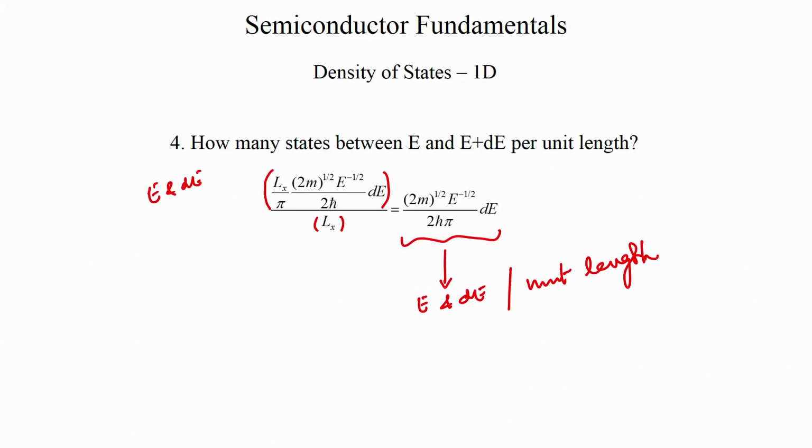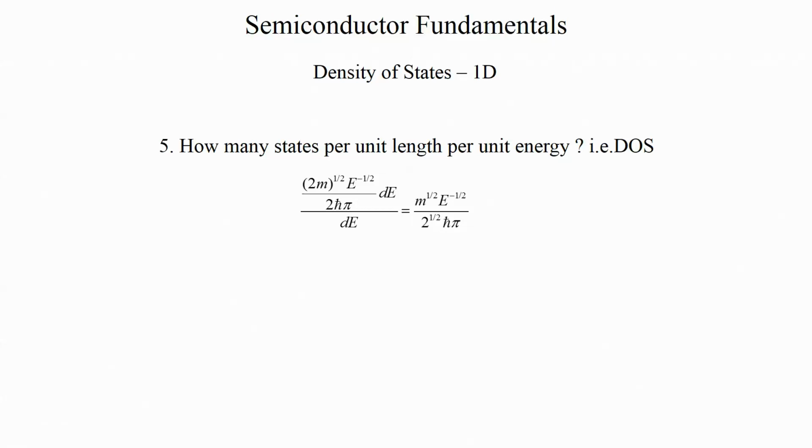And finally, to get to the density of states, we need to get a per energy count. So, how many states are present per unit length per unit energy? So, we once again divide by dE, we get rid of the dE term, and you have this little answer here, which is the density of states for a 1D material.